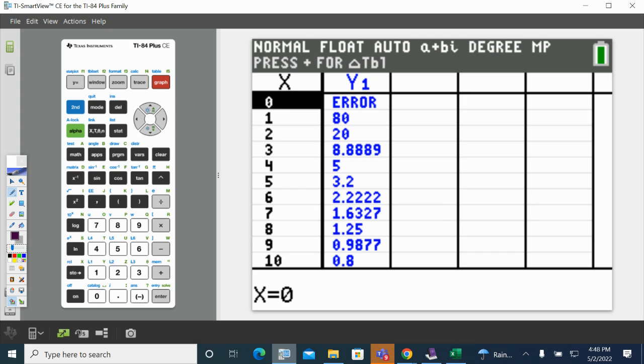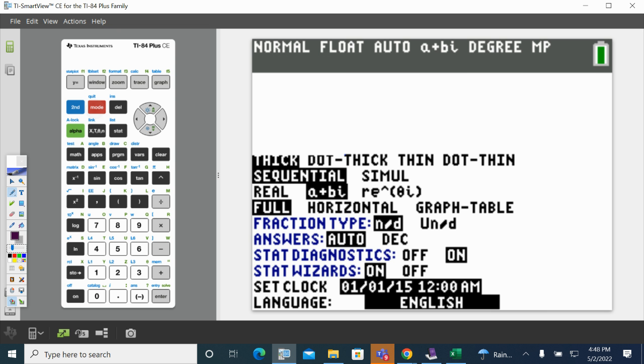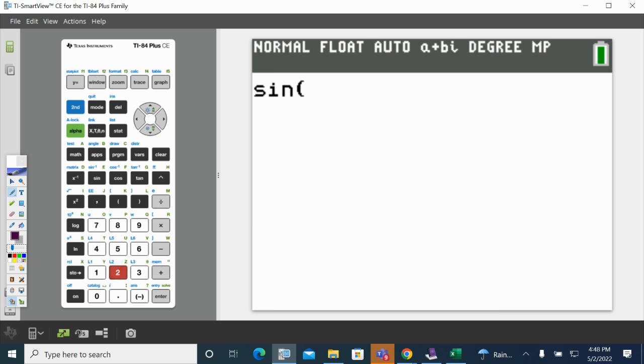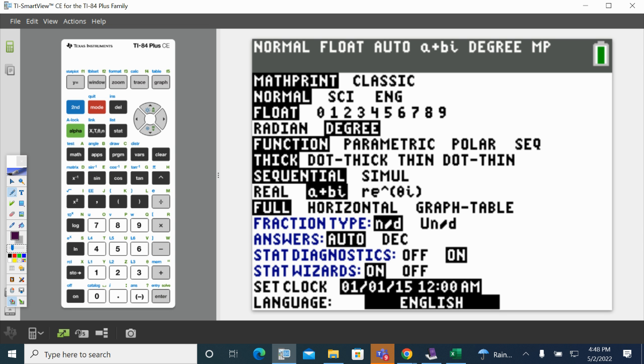So you're going to go to your calculator. Oh, you know what? Let's go to mode. Let's make sure that every calculator is in degree mode. We are working with degree measures, so you have to make sure you're in degree mode, which I am.